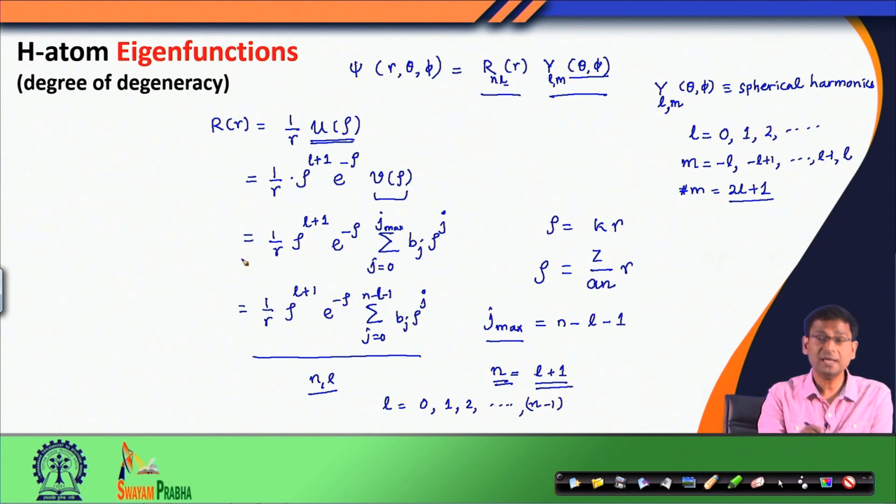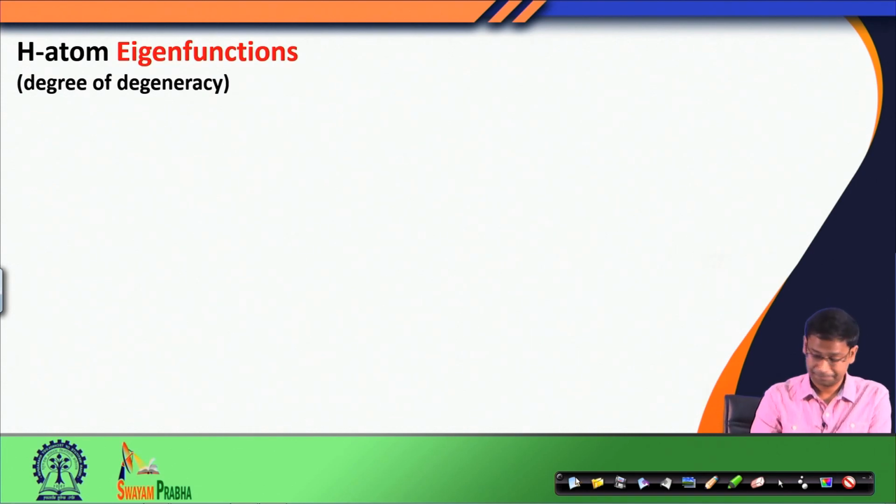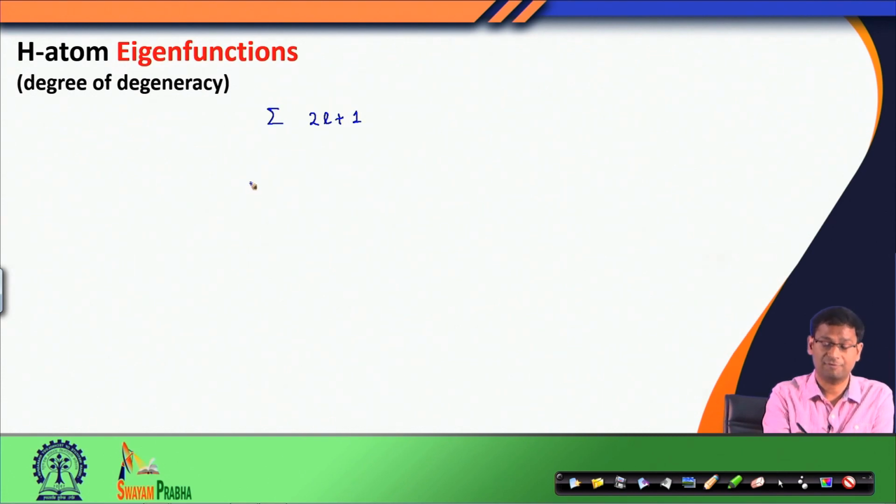To find the overall total degeneracy of the system, for a given value of L we have 2L plus 1 number of m levels, and how many such L levels are there? There are n number of L levels.